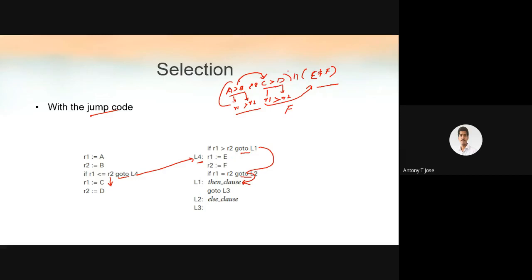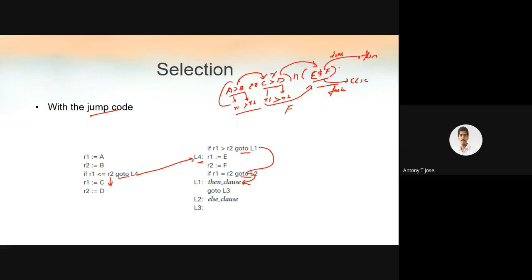If this condition is false, similarly, it will go to the E not equal to F condition. If the E not equal to F condition is false, it will go to the else clause. If this is true, it will go to the then clause.